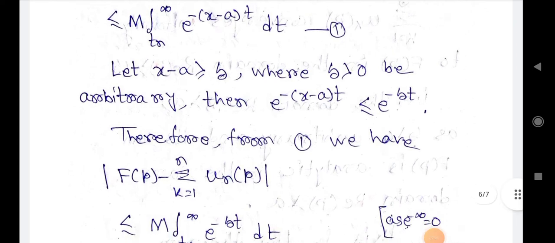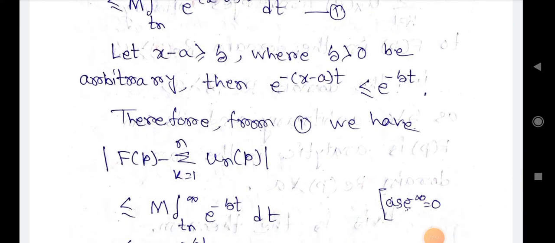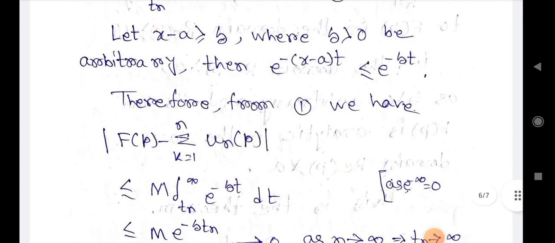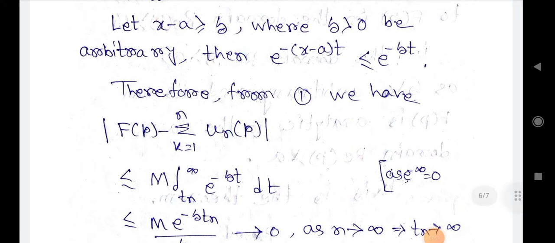Now let x minus a be greater than or equal to delta, where delta greater than 0 is arbitrary. Then e to the power minus (x minus a)t is less than or equal to e to the power minus delta t.